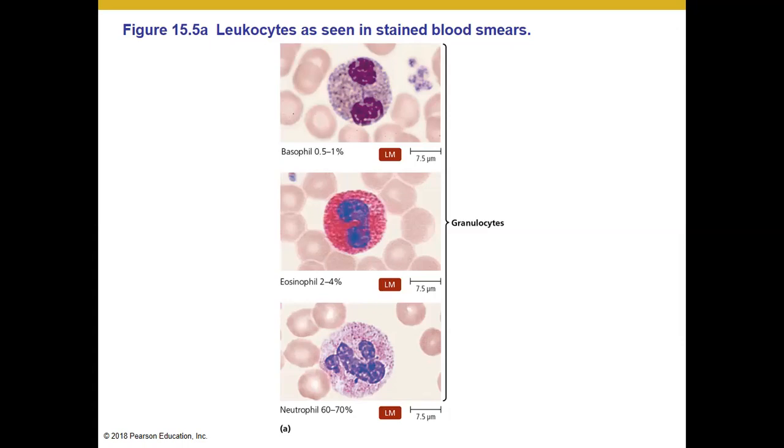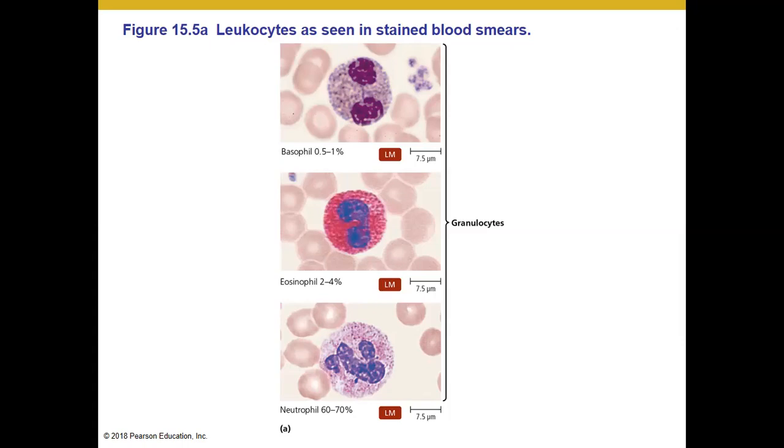You also see your eosinophil here, red granules, bilobed nucleus, and then your neutrophil down here, which makes up the majority of your circulating white blood cells. And they can have a nucleus that has as many as 5 lobes. It's all one nucleus, it's just bent in 2 different directions.